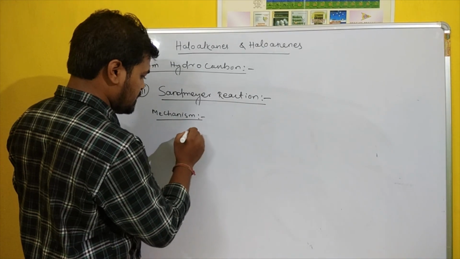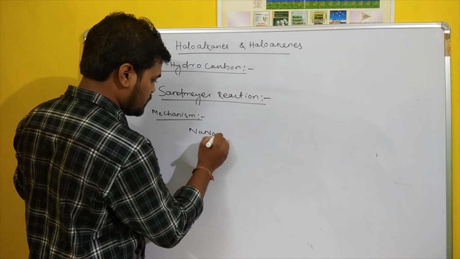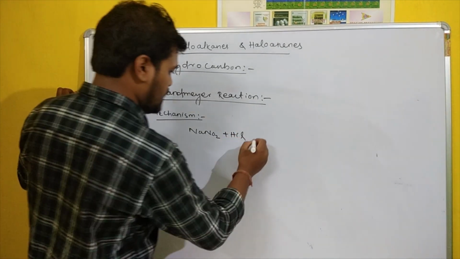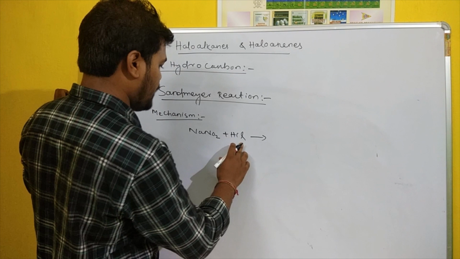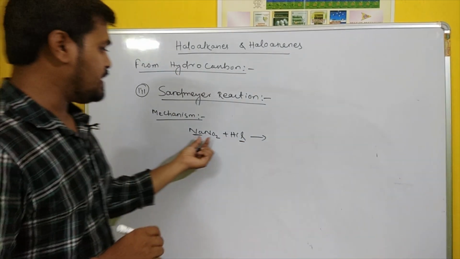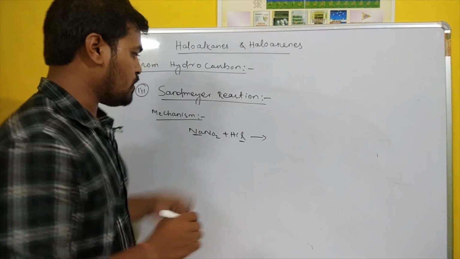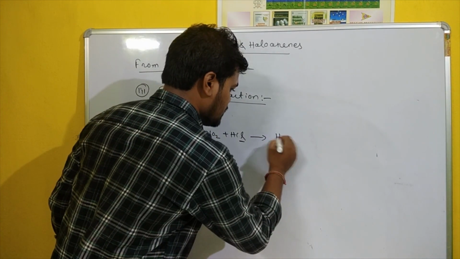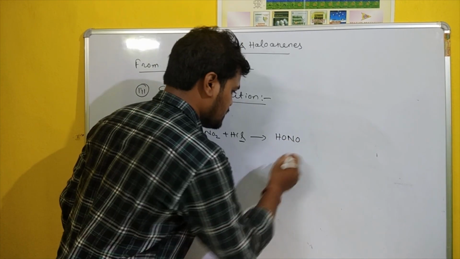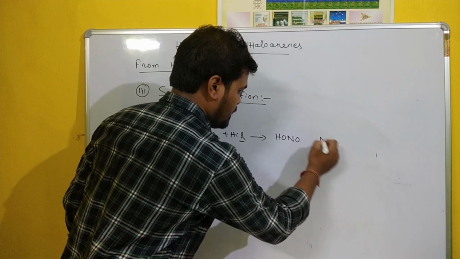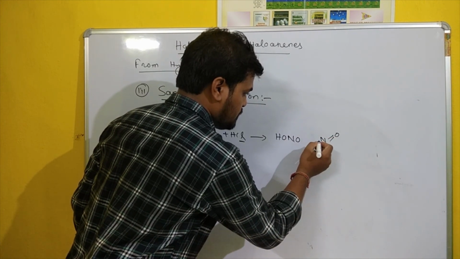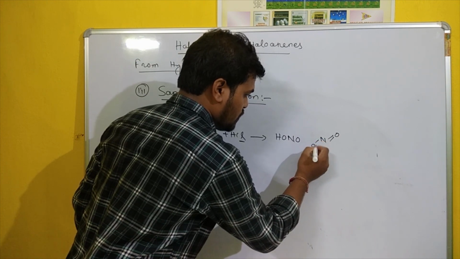First of all, in the first step, NaNO2 reacts with HCl. In the reaction, Na and Cl make sodium chloride, and NO2 with H forms nitrous acid, HONO. That compound is like that, N double bond O, single bond OH.